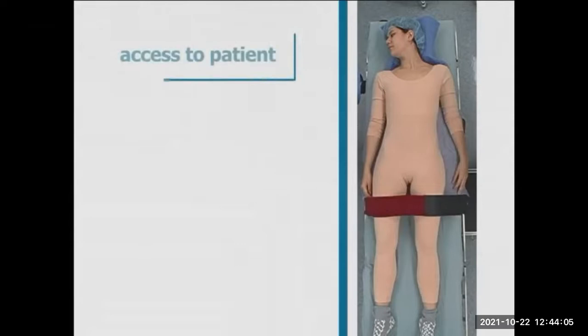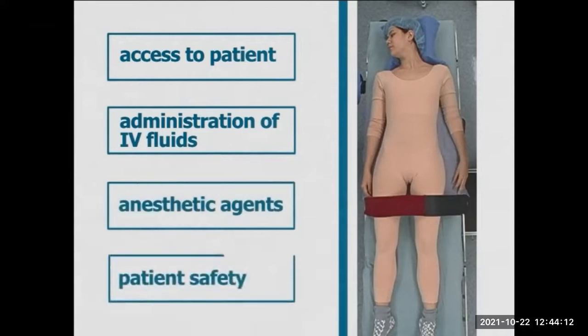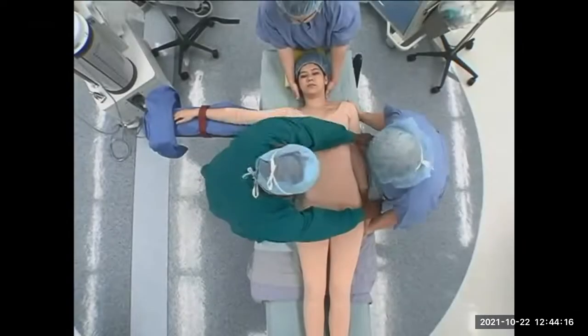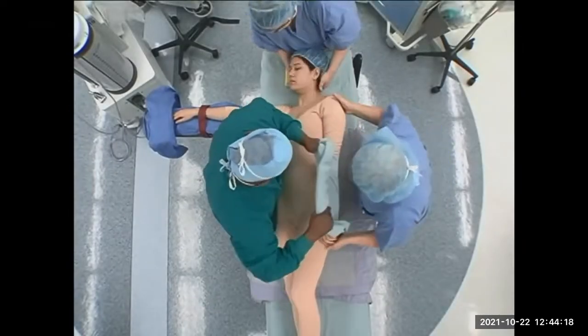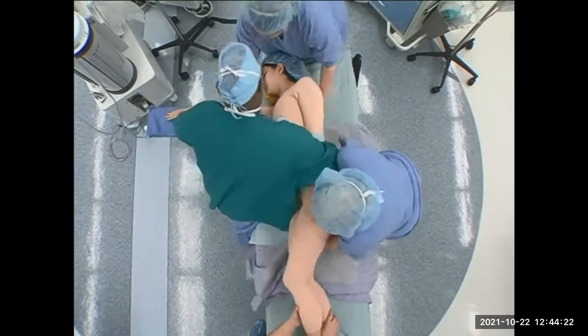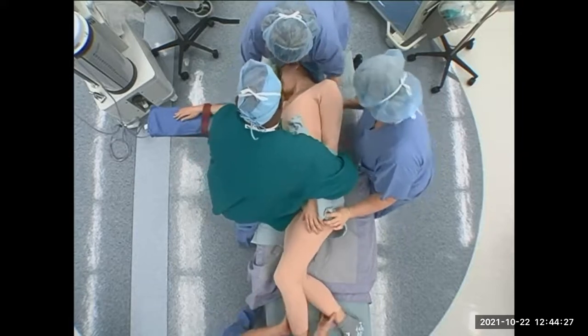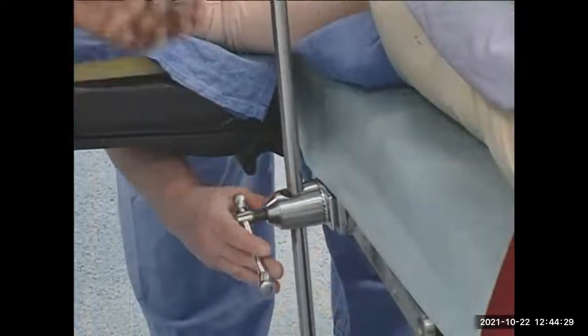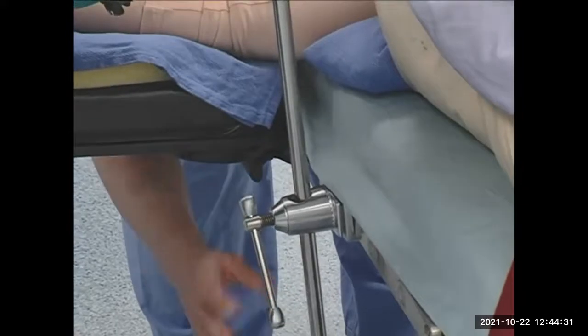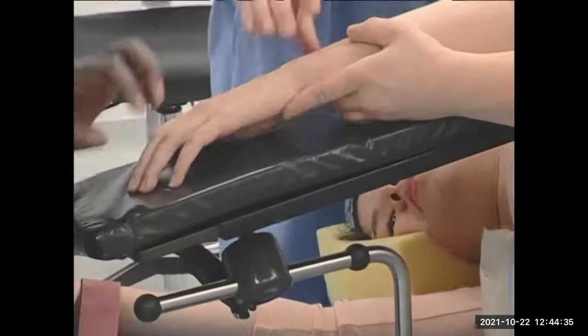Positioning should also provide access to the patient for the administration of IV fluids and anesthetic agents and provide for patient safety. Safe positioning of the surgical patient is imperative for successful surgery and is the responsibility of the entire surgical team. Positioning the patient requires knowledge of the procedure to be performed and any special needs the patient may require.